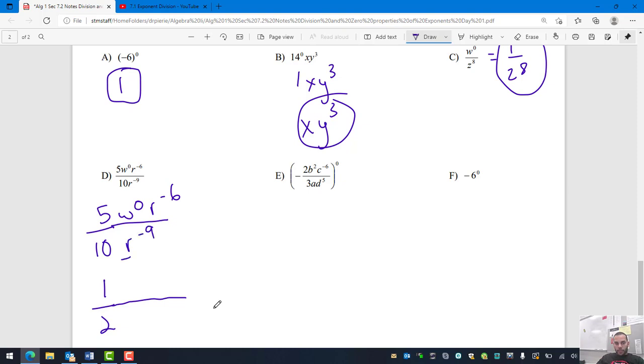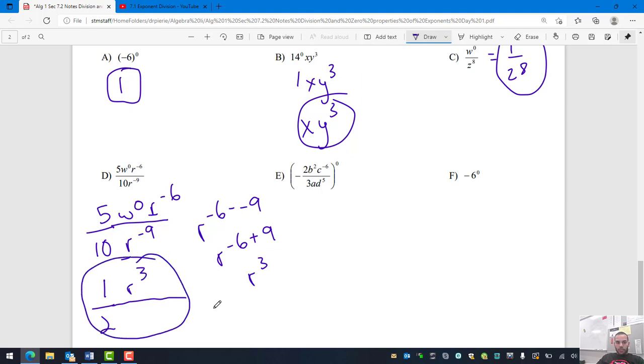Okay, here we have the same base, so because it's division, we're going to subtract the exponents. If we have r to the -6th minus -9, that's going to become r to the -6th plus 9, which becomes r cubed. It would become r cubed in my numerator. So it's 1r cubed over 2.